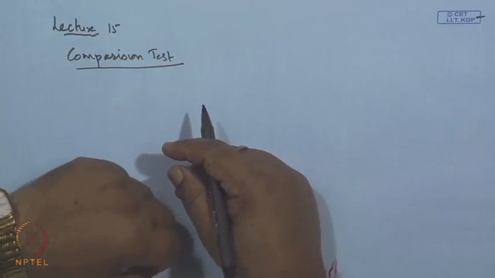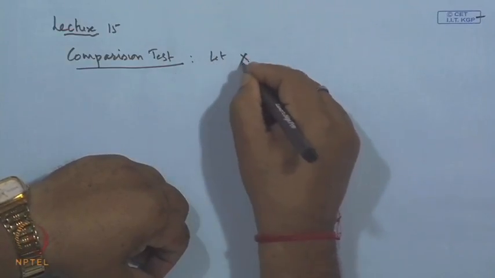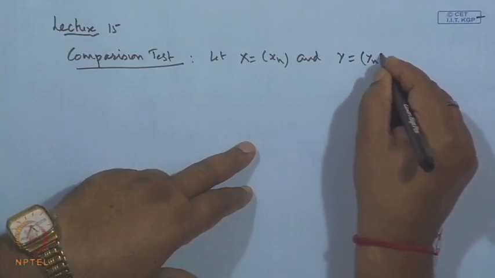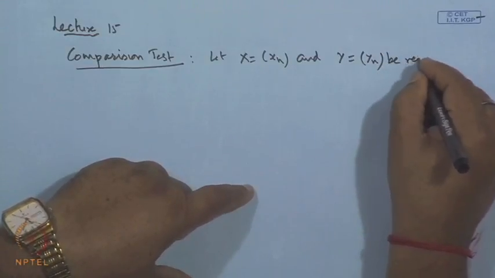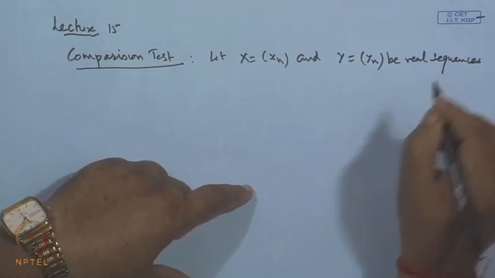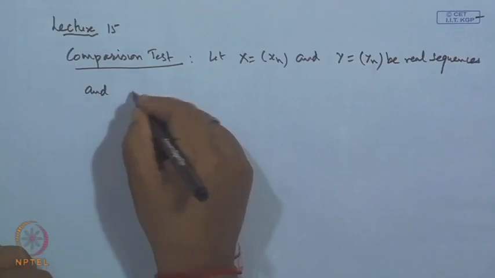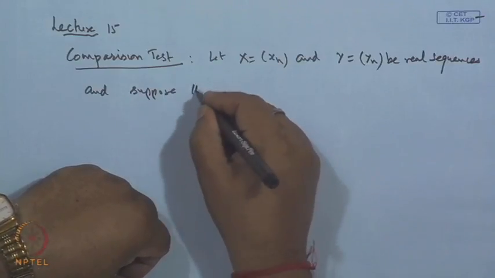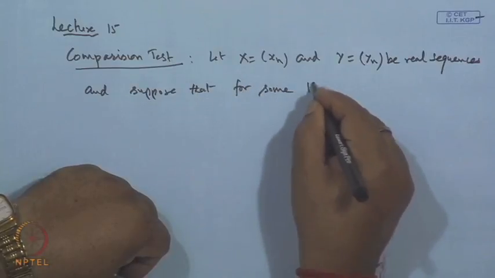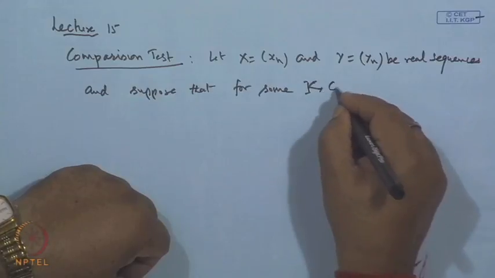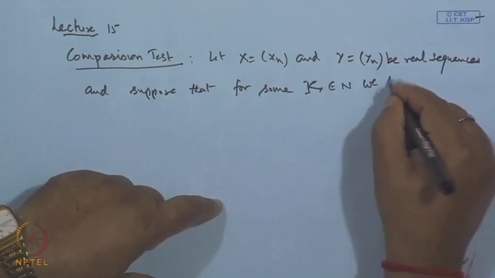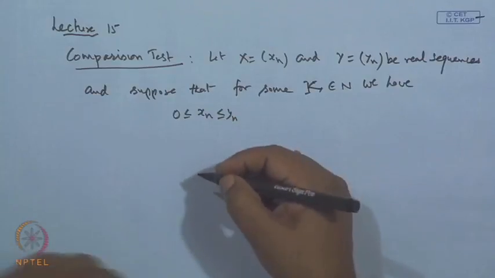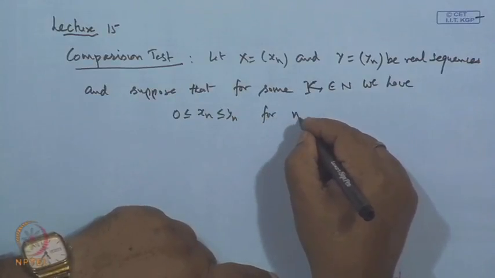Comparison test. The test says: let x, say x n, and y, say y n, be real sequences, and suppose that for some k, which is of course a positive integer, we have this inequality 0 is less than or equal to x n, less than or equal to y n, and this is valid for n greater than or equal to k.